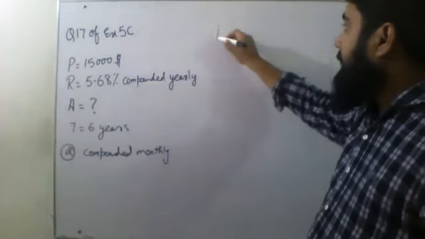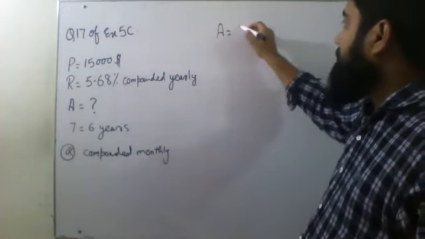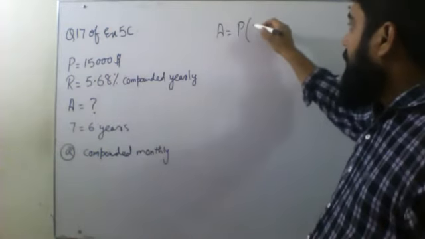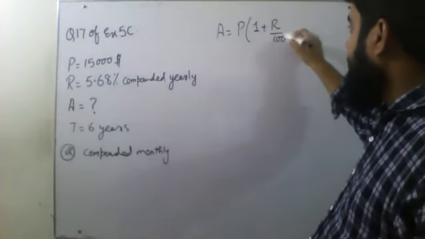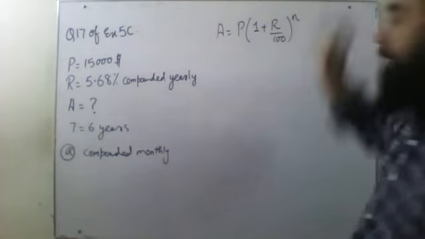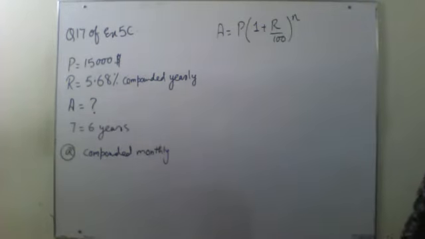The formula is A equals P times (1 plus R over 100) whole power n. That's your formula.